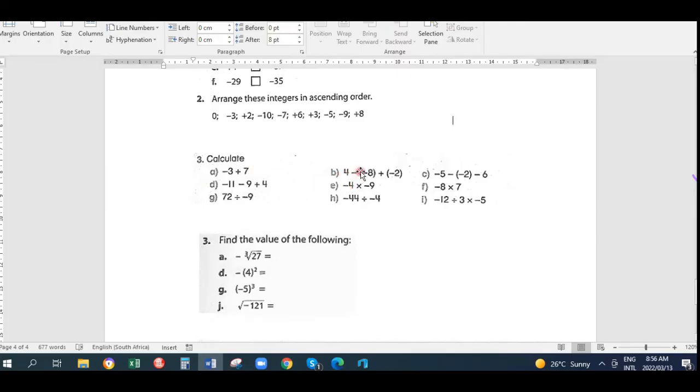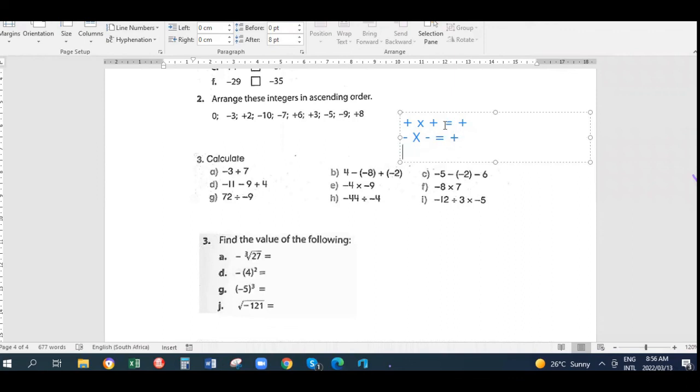Now here it gets a little bit more involved because we're working with multiplication as well as addition. So when you see brackets, work with multiplication. To remind you about your rules for multiplication: a positive times a positive will give you a positive answer, and a negative times a negative will also give you a positive answer.